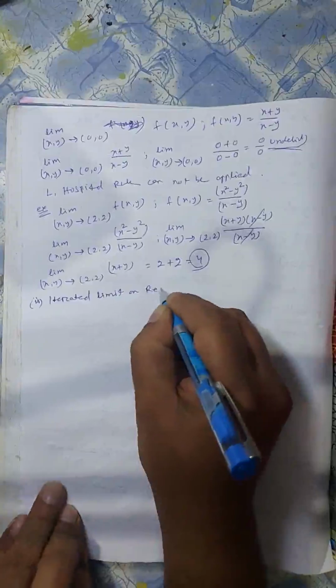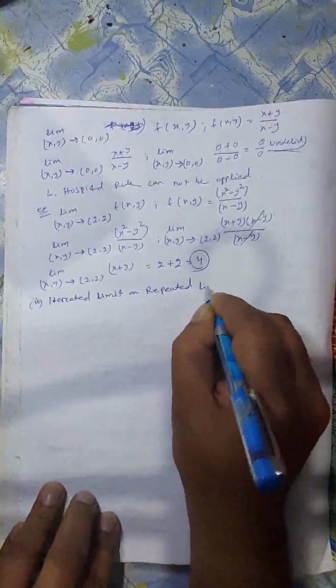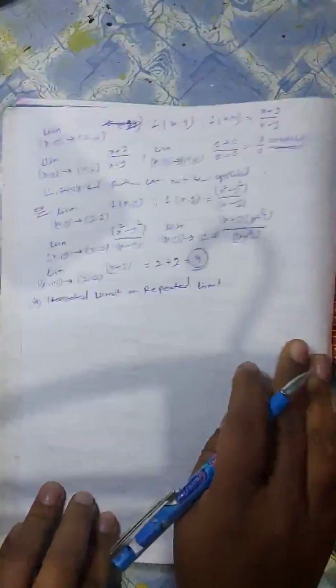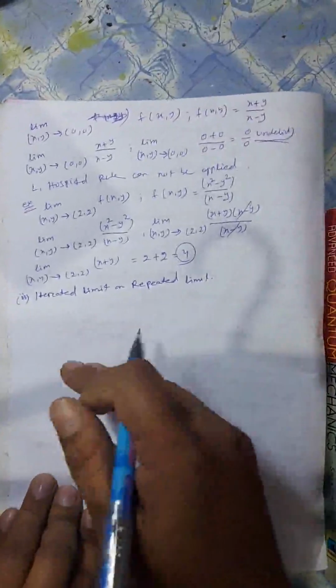These are all examples of simultaneous limit. The second type of limit is the iterated limit or repeated limit. What is the difference? In these cases we have to repeat the limit.